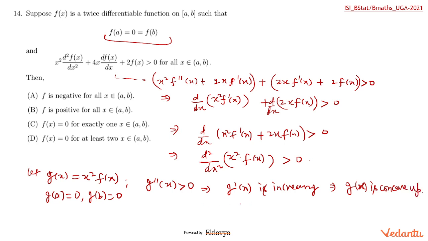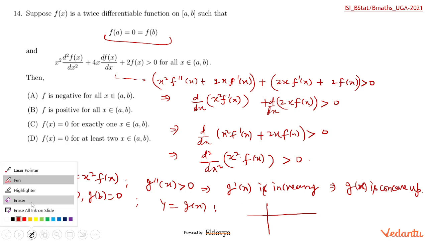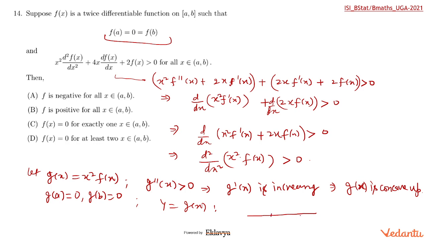So plotting a graph for g(x), y is equal to g(x). There's no need of plotting the y-axis. Suppose somewhere a is there, somewhere b is there. At a the value is 0, at b the value is 0, and the graph is concave up. So it should be like this. This is a, this is b.